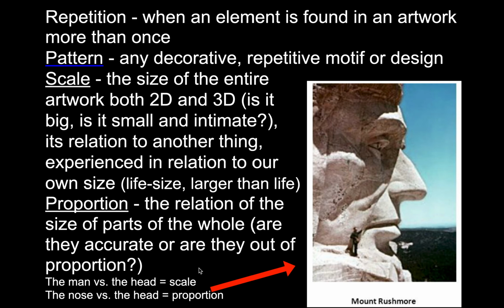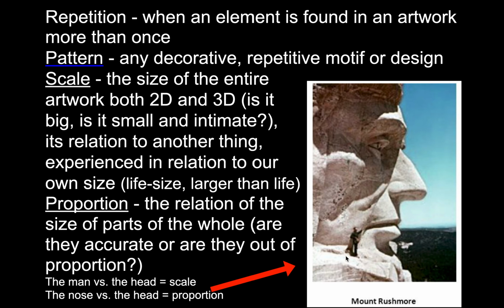Proportion is when you are relating the size of parts in the artwork to the whole, or size of parts of the artwork to other parts of the artwork. Now here I have a man that's climbed Mount Rushmore, and he's standing here with Lincoln's head.